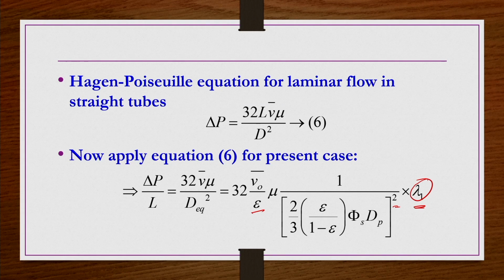But in the packing, if you are packing that column with some kind of packing material, some particles, then the fluid element is traveling more than the height of the packing because of the tortuous path. So, in order to bring in that information, we are taking this factor lambda 1. Let us not worry about what this lambda 1 value is as of now.